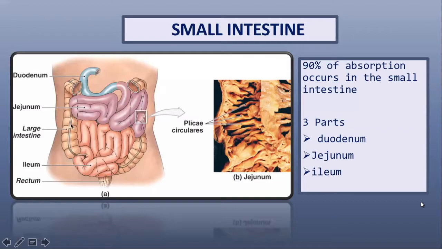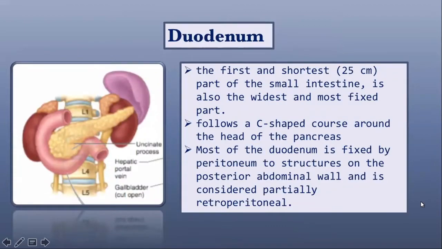Okay, so the first part would be your duodenum. This is the first part, the shortest of the three, and also the widest, and also the most fixed part. Okay, it follows a C-shaped course.